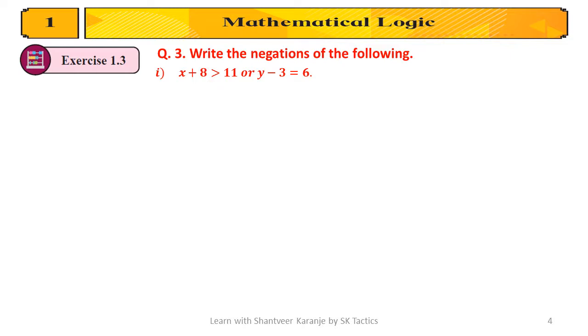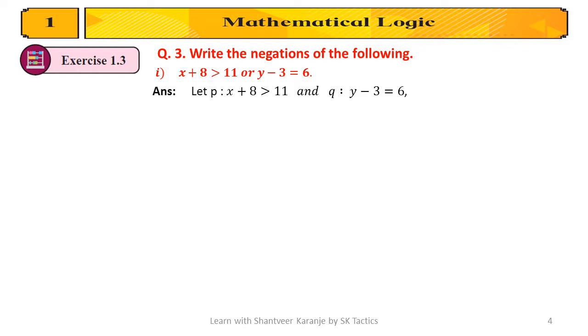First of all, we write this statement in statement pattern, in logical form. For that we need P and Q. We take P as x plus 8 greater than 11 and Q as y minus 3 is equal to 6.